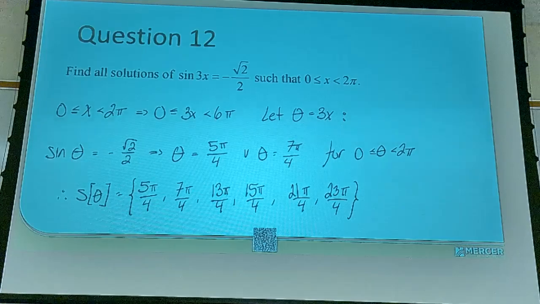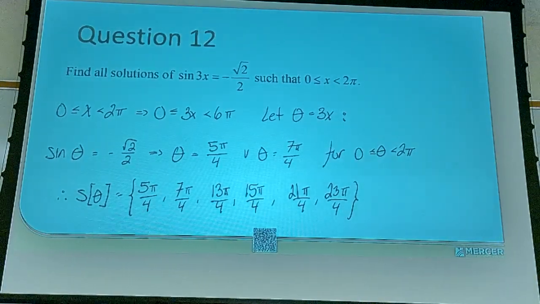So I'm not going to call that theta, because this is the solution set we're looking for for x. Again, just divide each of those values by 3, which means you're just going to have denominators of 12.